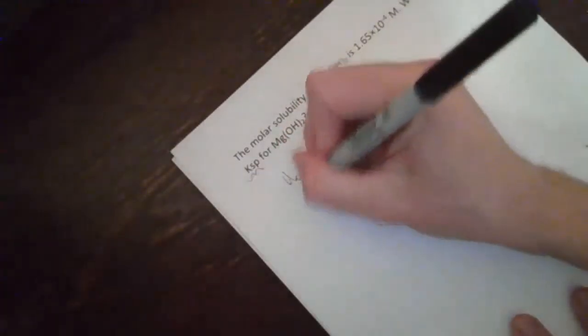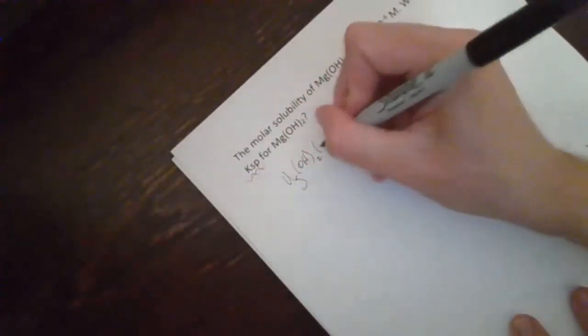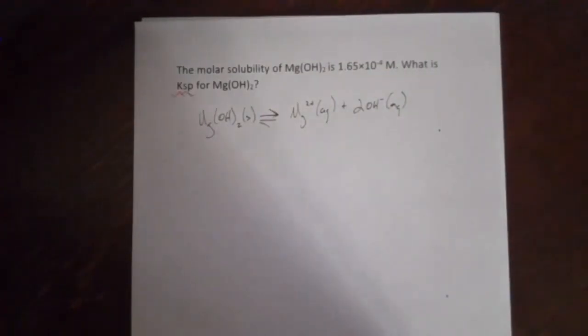And so the question would be, what's my equation for KSP? You know that for any salt, if we're given the molecular formula, magnesium hydroxide, we can predict how it will dissolve. And if we can predict how it will dissolve, we can come up with the equilibrium constant for this equation.